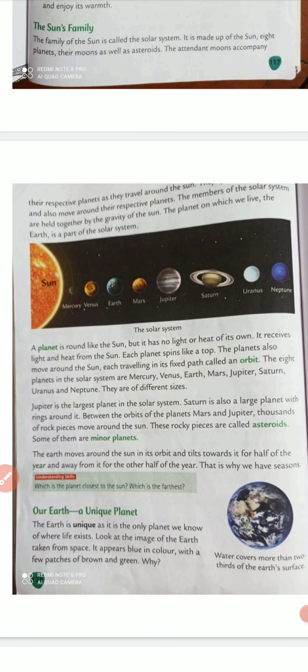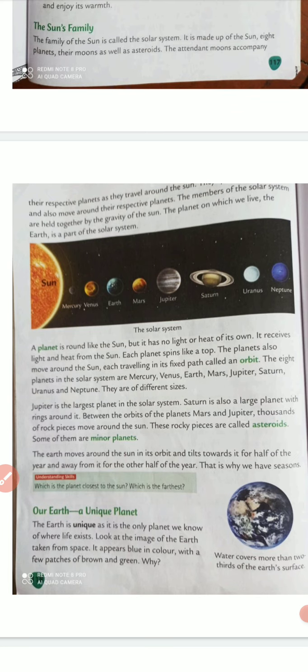Such planets spin like a top. The planets also move around the Sun. Such traveling in a fixed path is called an orbit.